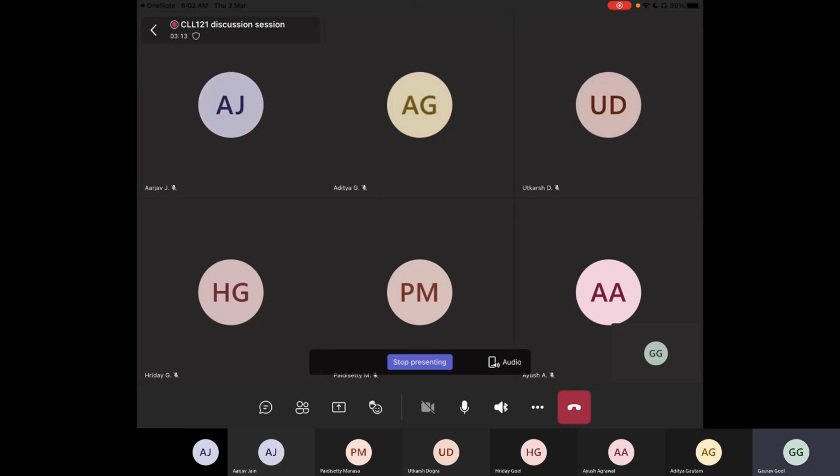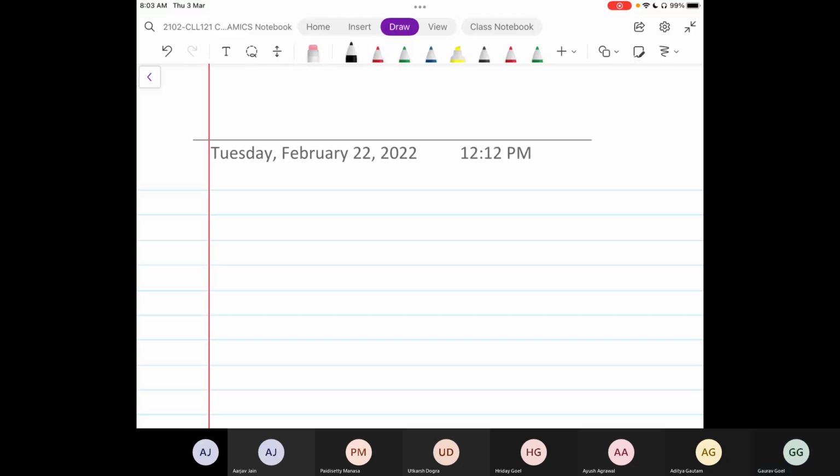Recording is initiated and you can see the OneNote also. OneNote is visible.